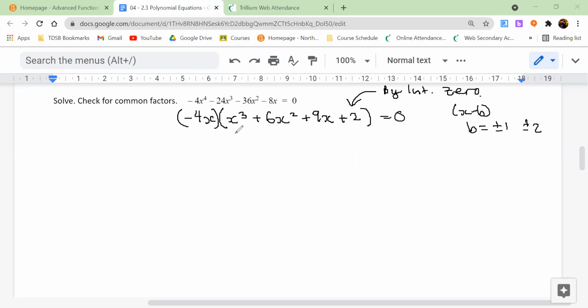Now I'm going to test it. I'm only going to test this part because this is the polynomial that I want to actually factor. I don't need to worry about the -4x. So let's try it. Test. By factor theorem, if 1, -1, 2, or -2 does divide this nicely, then if I plug it in, the answer should be a 0.